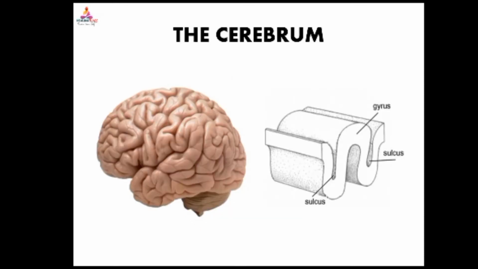The surface of the cerebral hemisphere is convoluted, that is, it has a series of elevations, the gyri, separated by shallow depressions, the sulci, or deep grooves called fissures.